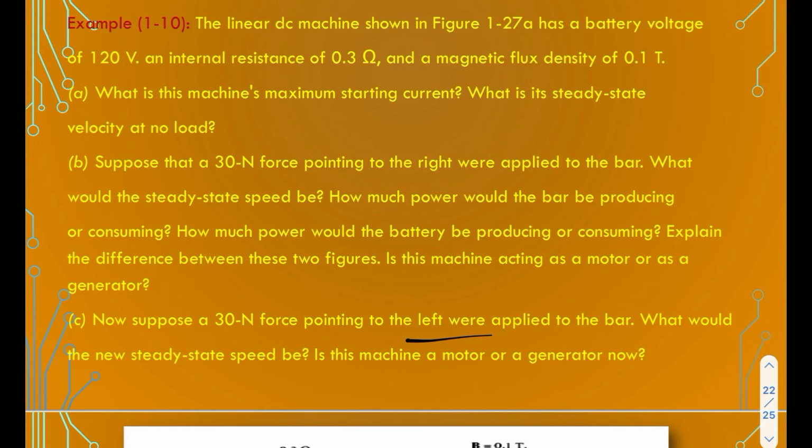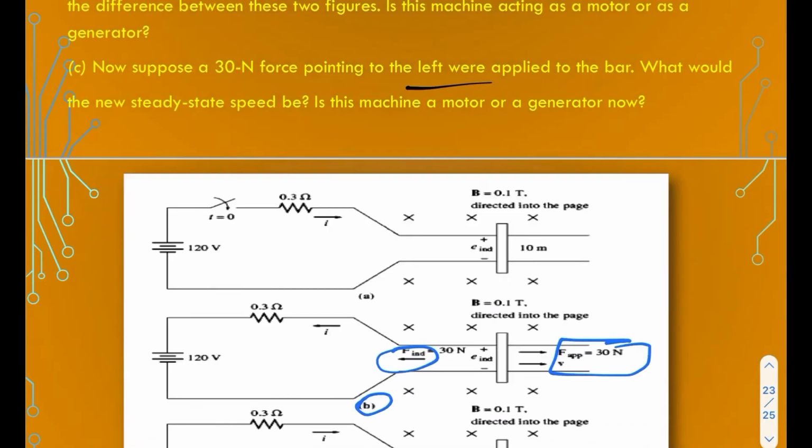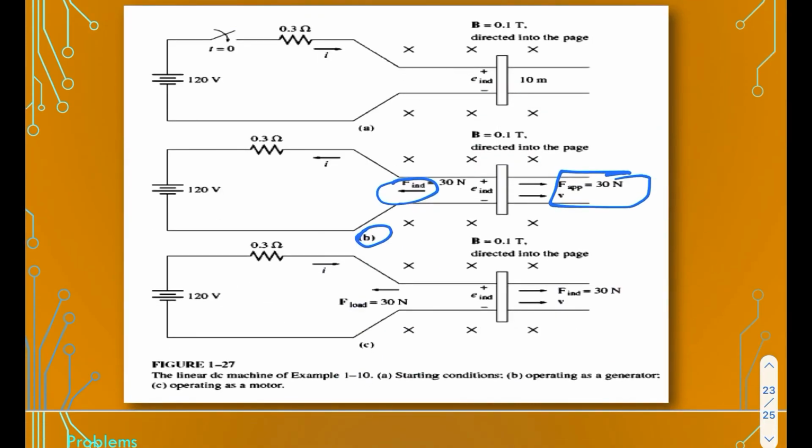What would the new steady state speed be? Does the machine act as a motor or generator? As you can see from the figure now, to the left here, if the load is 30 Newton, we will have F induced opposing the F load, 30 Newton.